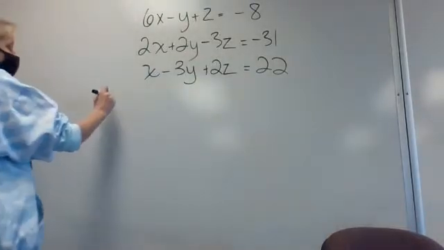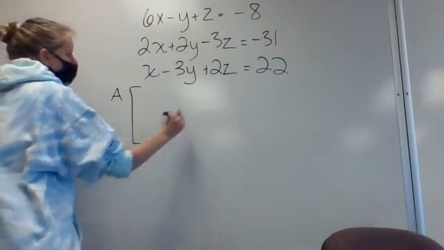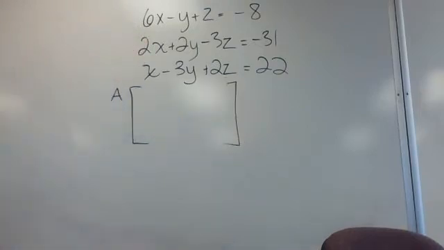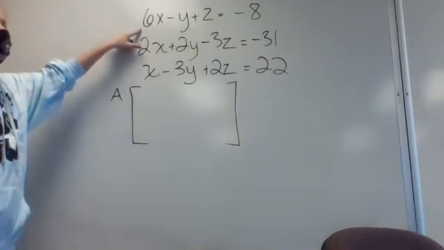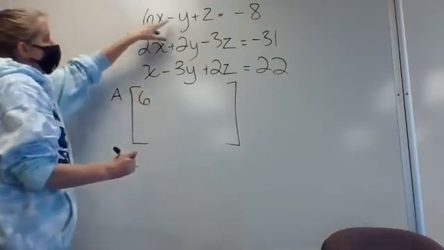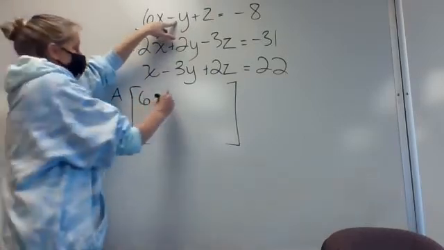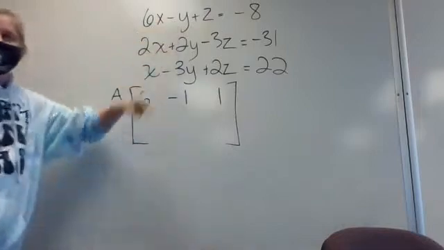So we're going to create 2 matrices. Matrix A using the coefficients from the left side. Going across the top row, I'll have 6, negative 1, positive 1.